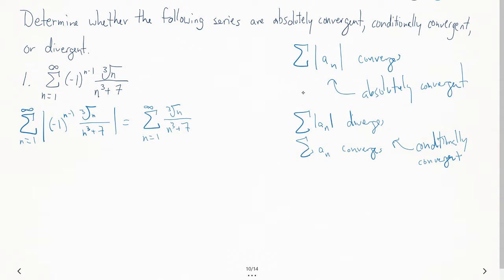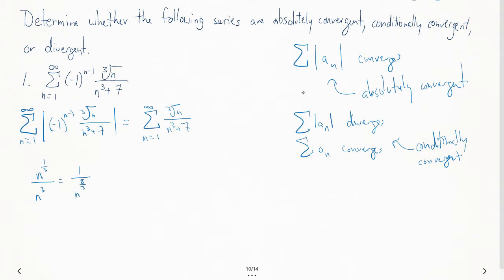Well, if you look, let me write it this way. If I go n to the 1/3 over n cubed, notice that is the same as 1 over n to the 8/3. Right?